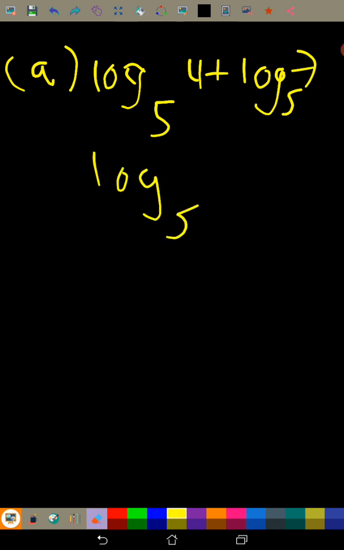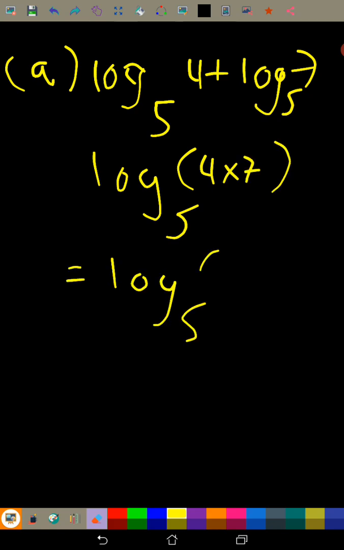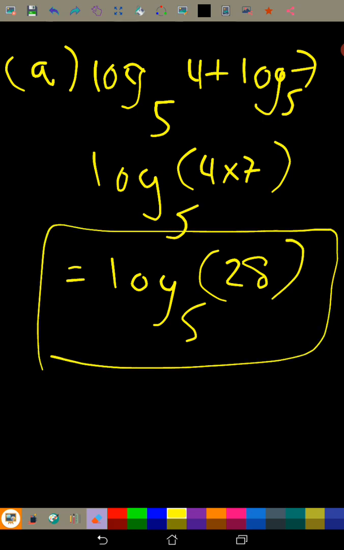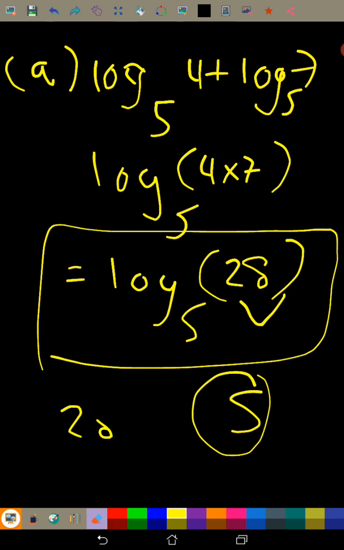Since they are of the same base, we know that it's 4 times 7, so we're going to have log base 5 of 28 here. So that's the answer, I think. And we cannot simplify this to the base of 5 because 28 cannot become a power of 5. Okay, that was the first one.